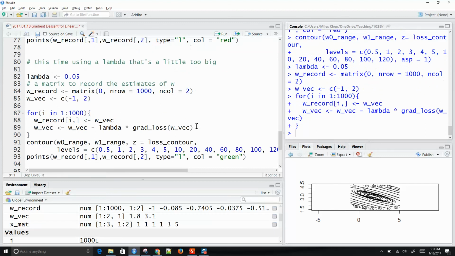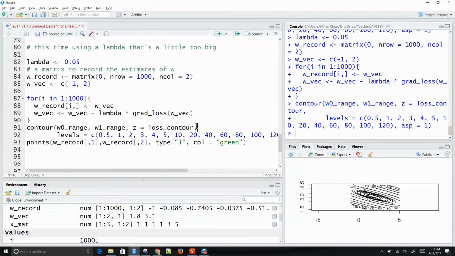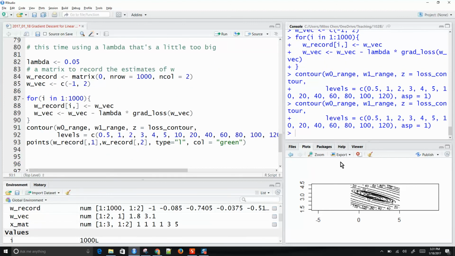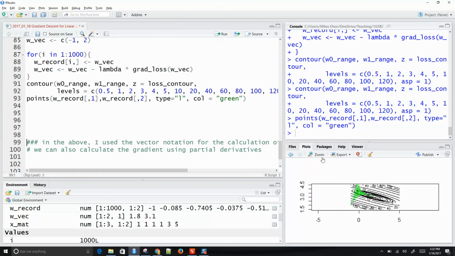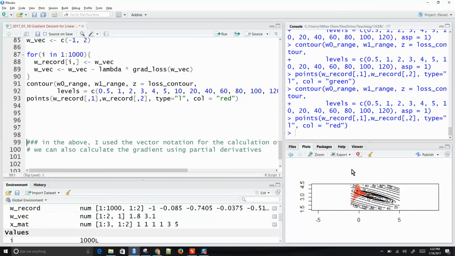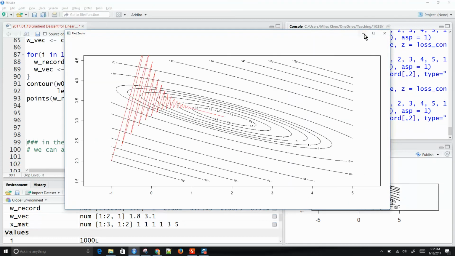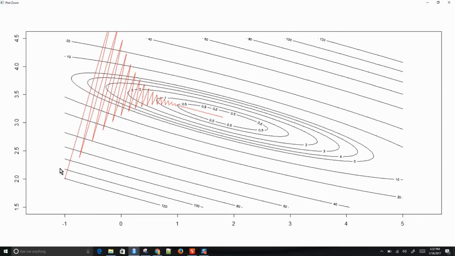We create our new contour plot, and I'll run these points here, let me just do red. So here is my first one, and I'm going perpendicular, and the step size shot me all the way out over here. I used a step size that was too big, so it shoots me out over here, and it hits this contour plot.